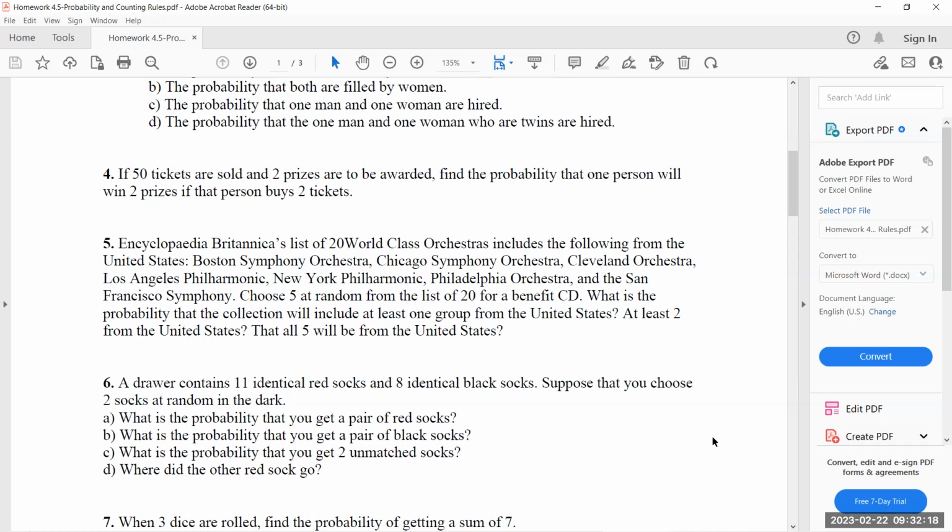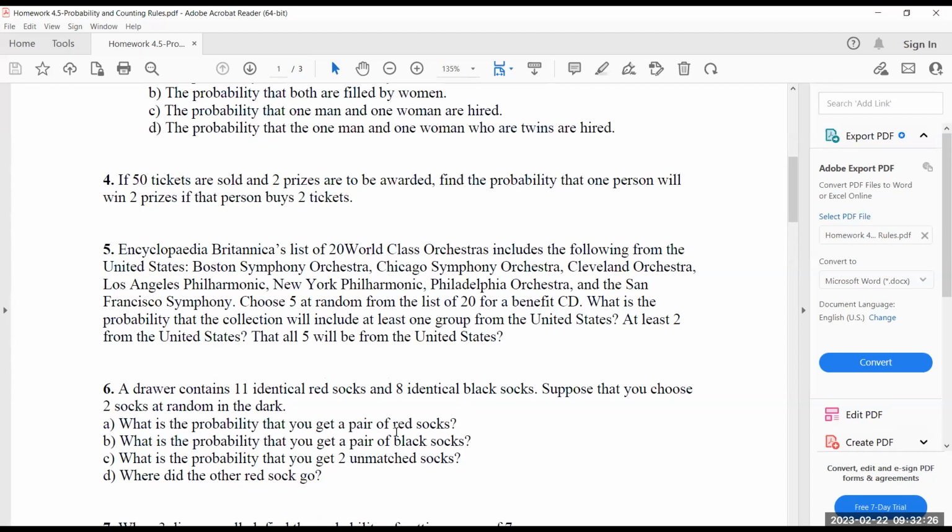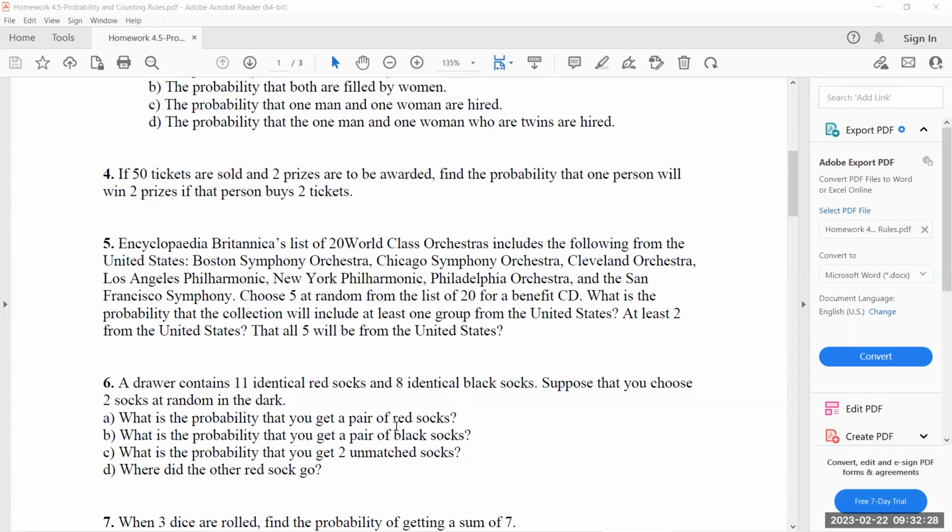Both are filled by women. So here we're going to do part B. And once again, we want the probability that both are filled by women, okay?